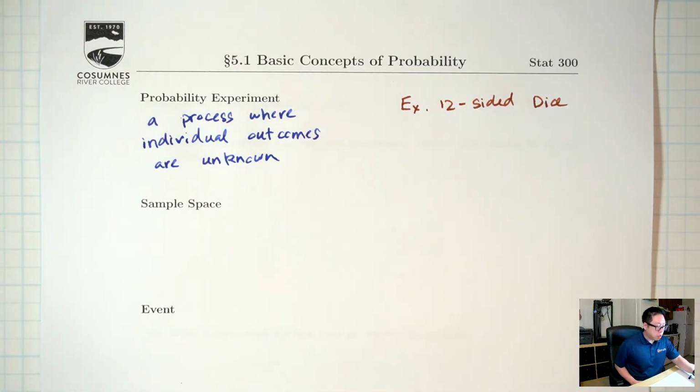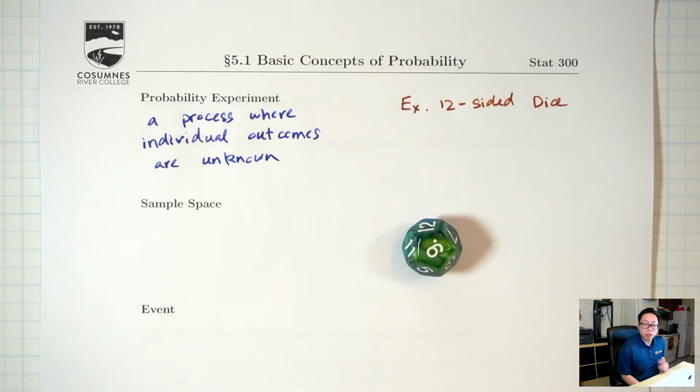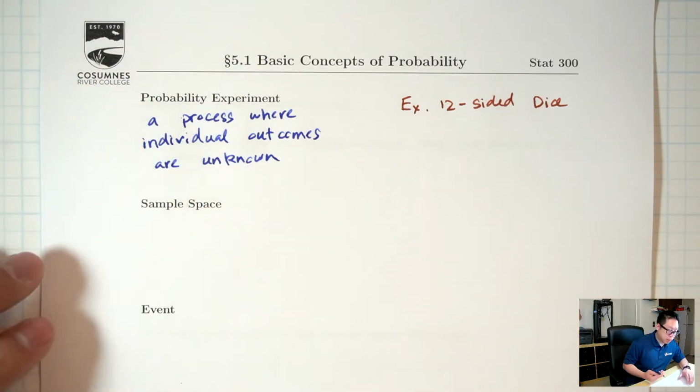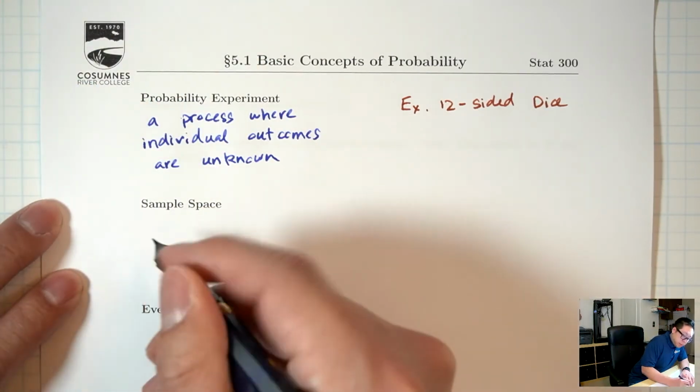Sample space. So even though I don't know what's going to happen when I roll this dice, I do know what could happen. Right? So a sample space is a list of all the possible outcomes.